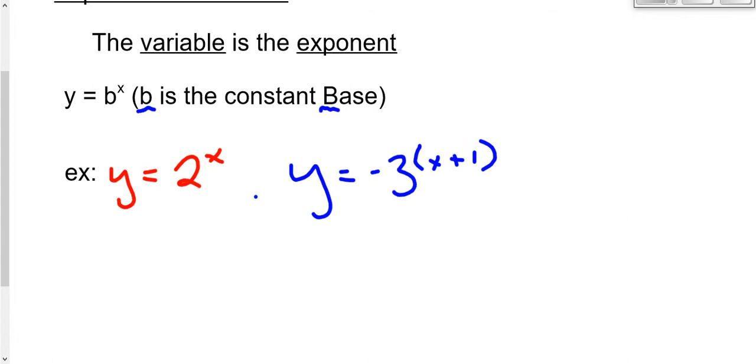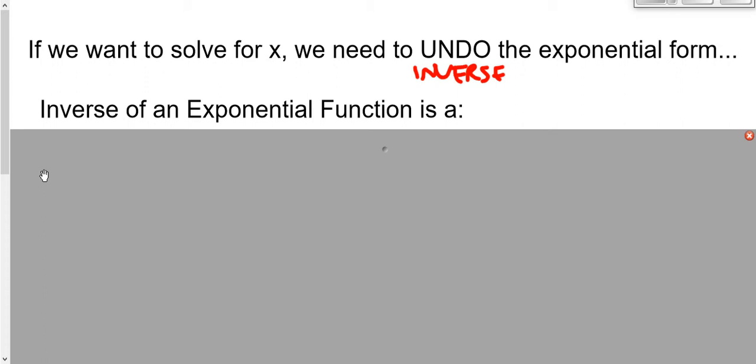Now, for some of these equations, if we want to figure out what the x value is, we're going to need some way to undo the exponential form. We have to undo the fact that x is being raised as a power. So if we want to solve for x, we need to undo the exponential form. By undoing, I mean we need to find the inverse. So we need to go ahead and look at the inverse of an exponential function.